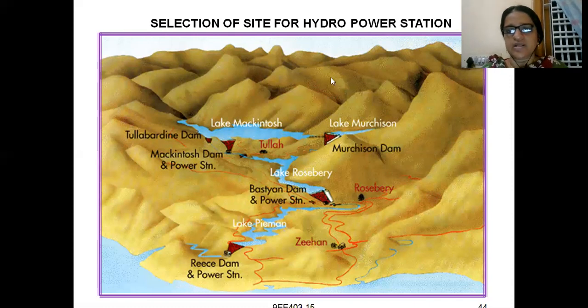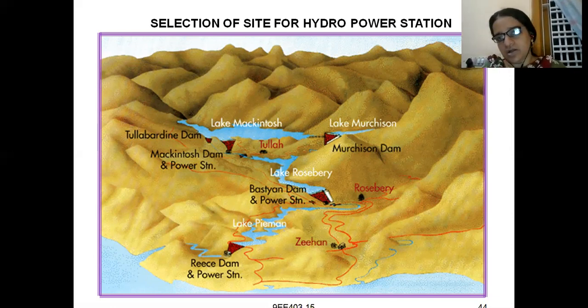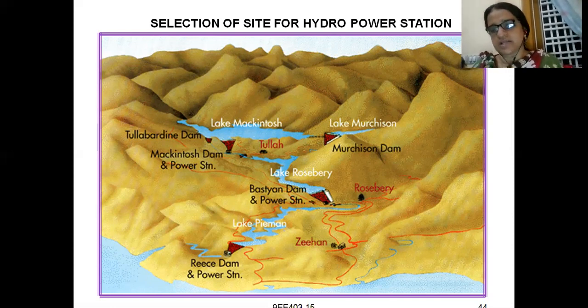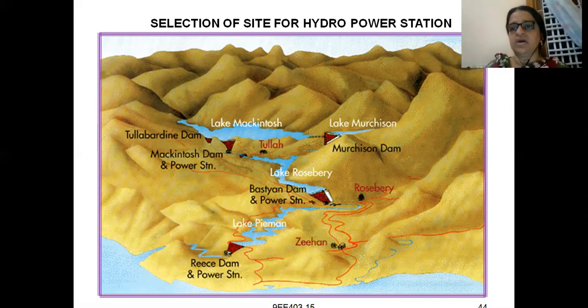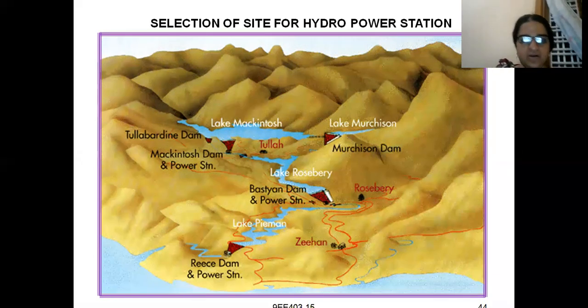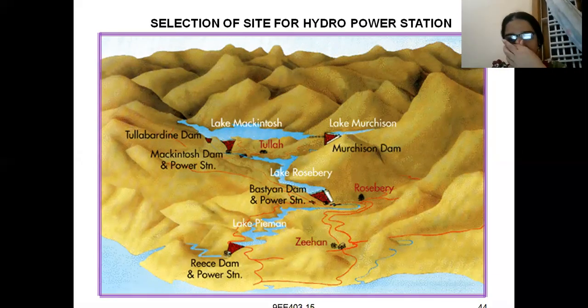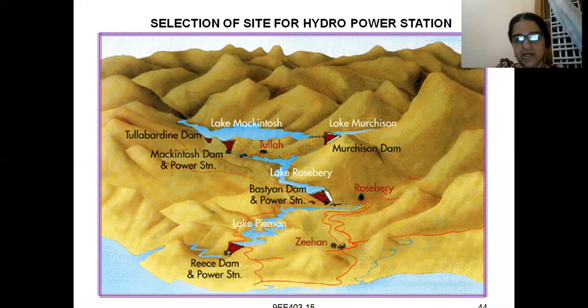Usually, hydroelectric power stations are available in mountain areas or in heightened places, like nearer to rocky hills. See, there are various dams and various power plants available: Lake Macintosh, Lake Roseberry, Lake Pieman.